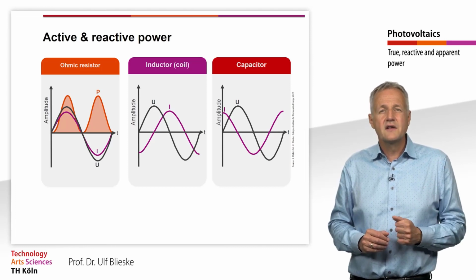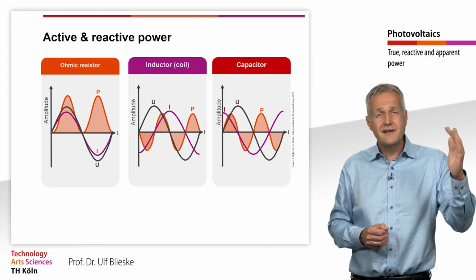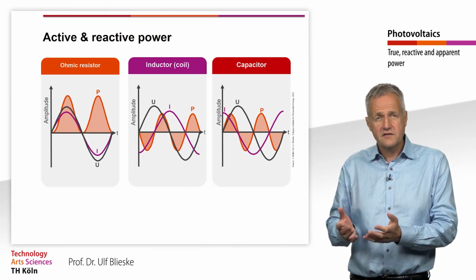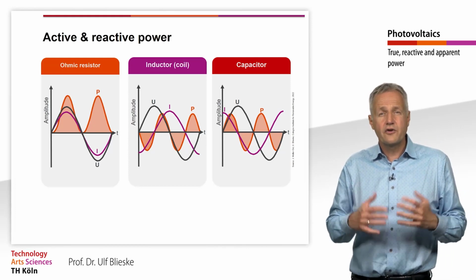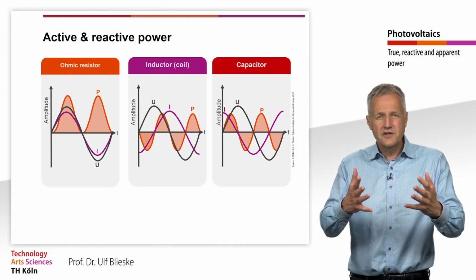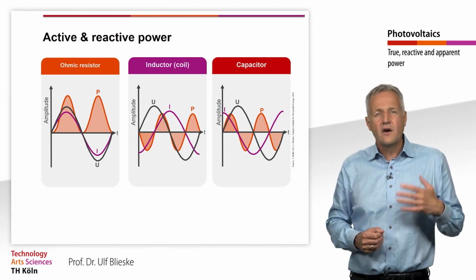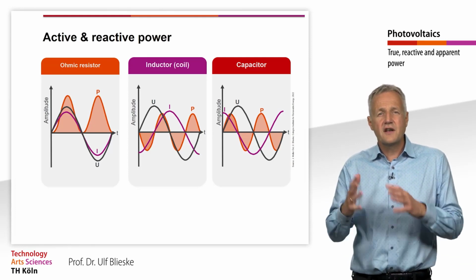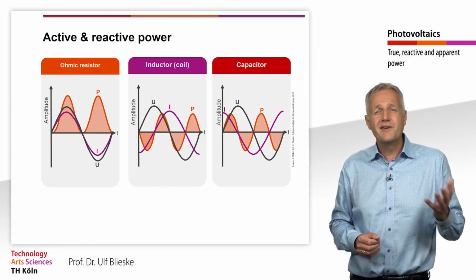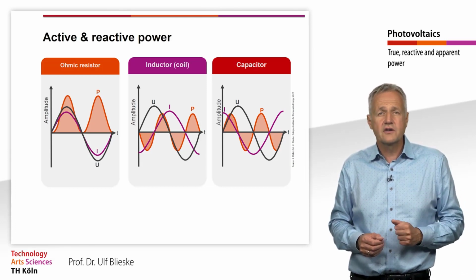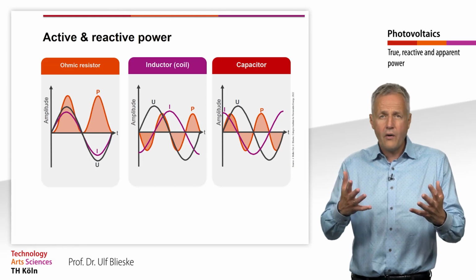As a result, the power becomes alternatingly positive and negative. This power is periodically drawn and delivered again. On average, the positive and negative power components completely cancel each other out. Thus, no power is consumed.